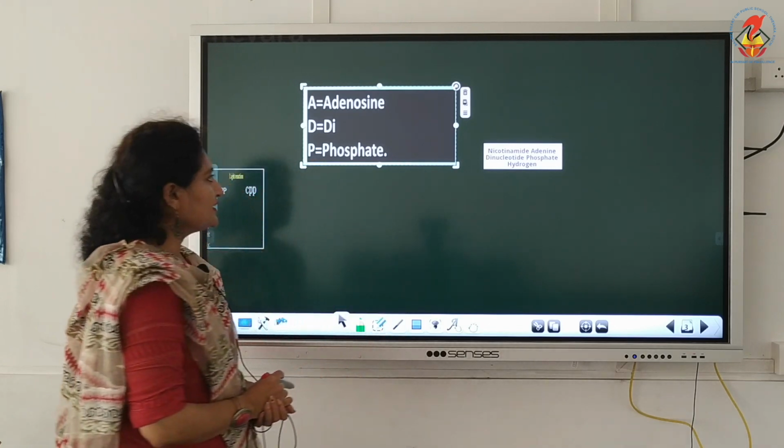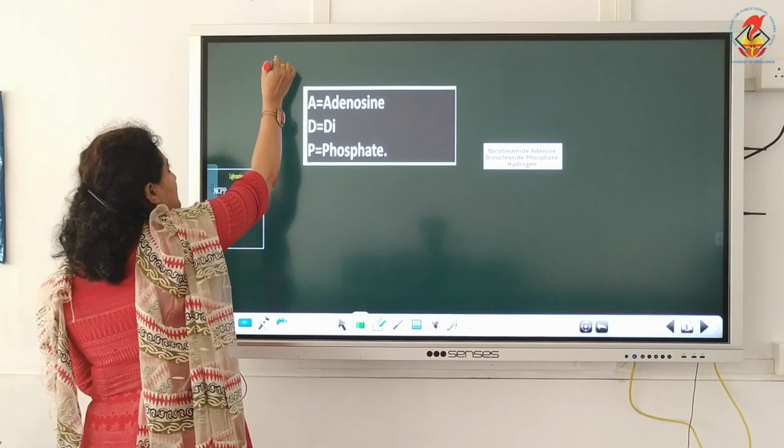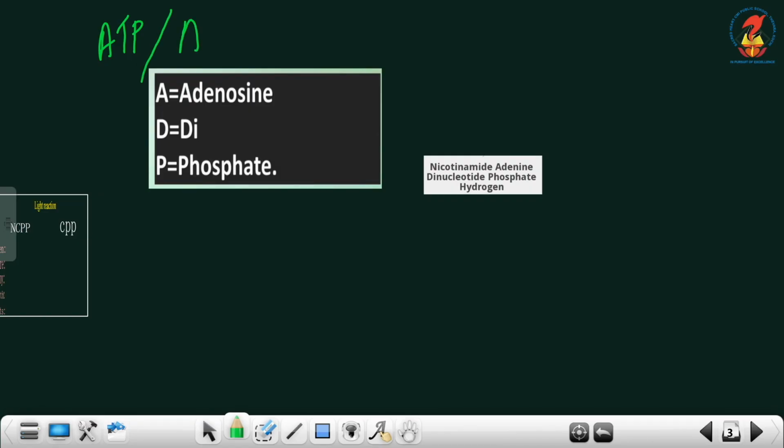Now before going into light reaction, I have given you an abbreviation of the energy molecule ATP, or let it be ADP. Its full form is: A stands for adenosine, D stands for di, and P stands for phosphate. So it is the full form for ADP. If it's ATP, the only change is that instead of D it is T, which means tri.